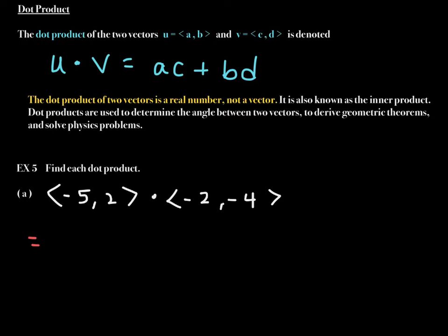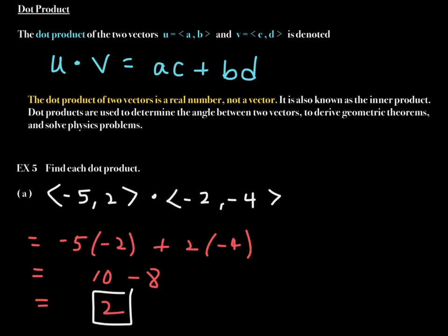In other words, it'll be equal to negative 5 times negative 2 plus 2 times negative 4, which is positive 10 minus 8. So the dot product of these two vectors is 2.